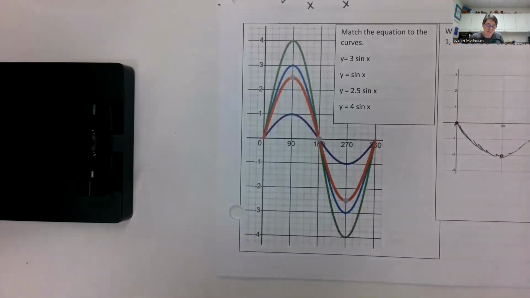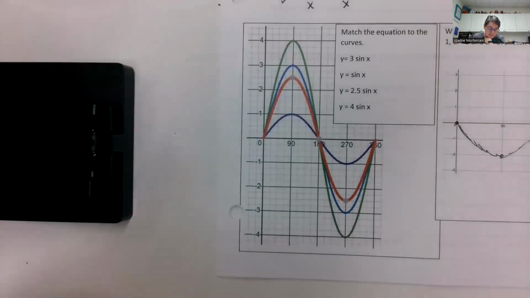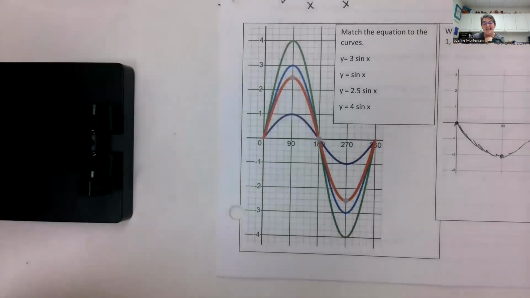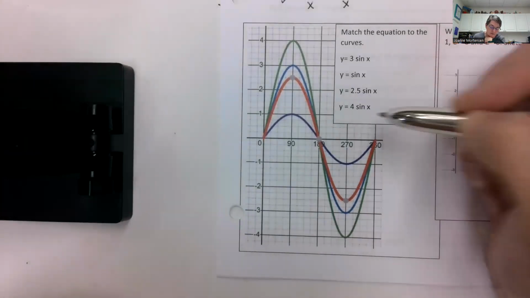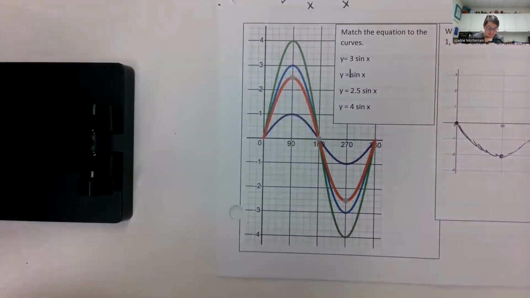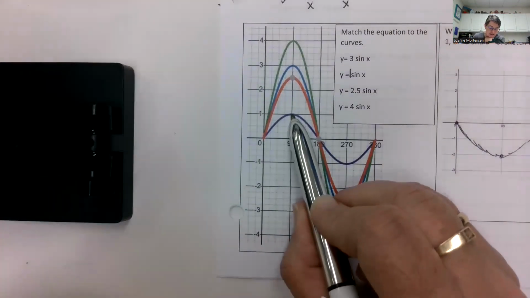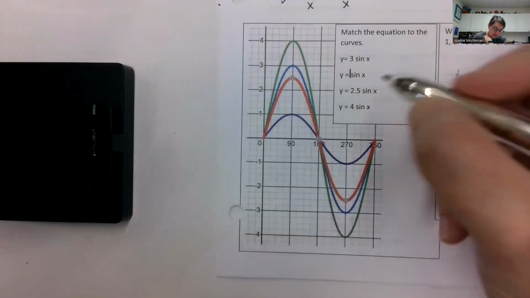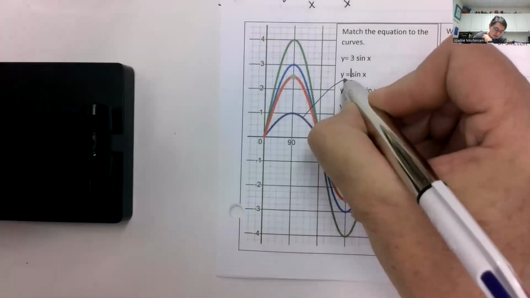All right. Anyway, this says match the equation to the curves. It's not that hard, is it? So these numbers out in front. Put in the 1. Determine the amplitude. So that has an amplitude of 1. I don't know how you want to do this. I'm just going to do this.